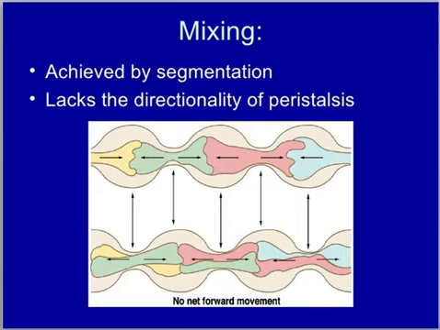As I said in the previous slide, there are different types of movement. Another type of movement is called the migratory motor complex. This type of movement is like peristalsis, but it occurs in between meals. Peristalsis and segmentation occur shortly after taking the food, while the migratory motor complex is a series of peristaltic wave cycles that occur in between meals.